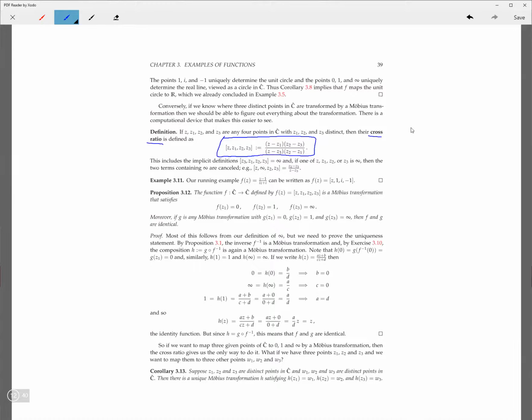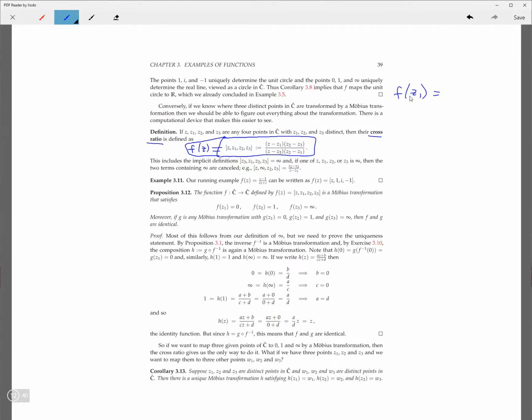So this right here is called the cross ratio, but it's a Mobius transformation. Let's call that f of z. And z1, z2, and z3 are specified numbers.